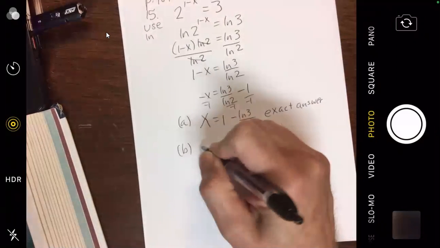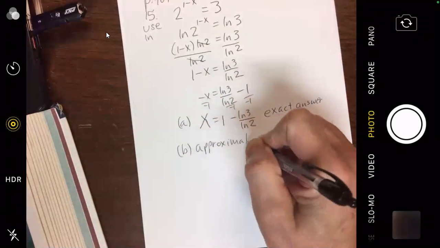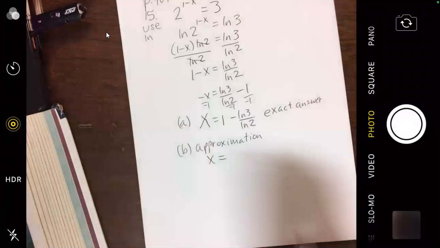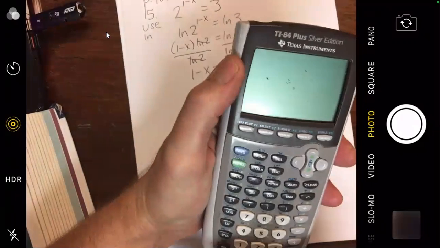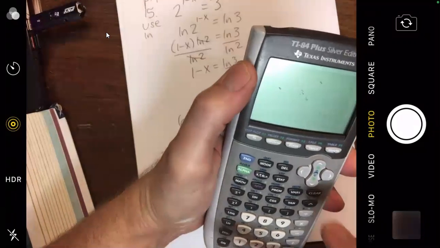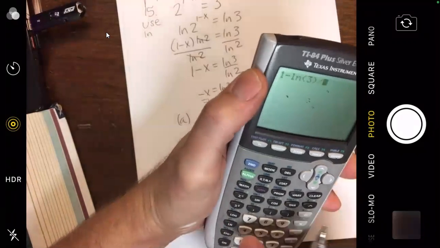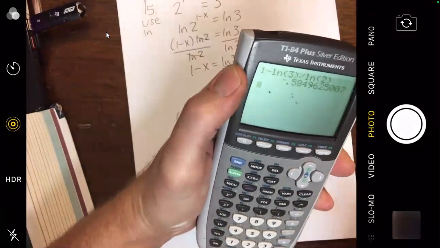B, they want an approximation. So x equals, if I can find a calculator, 1 minus ln of 3, divided by ln of 2. That's negative 0.58496.